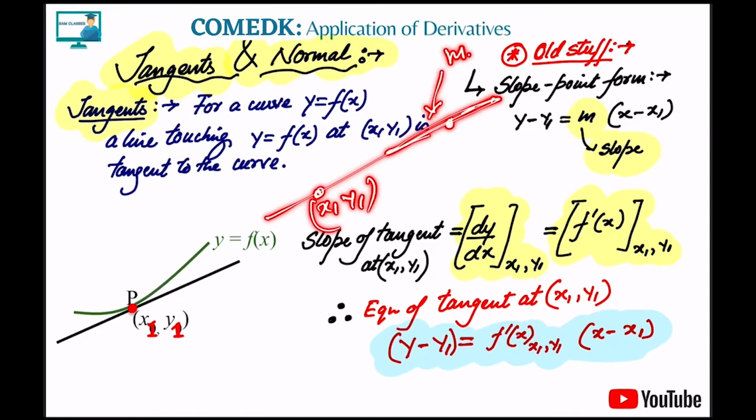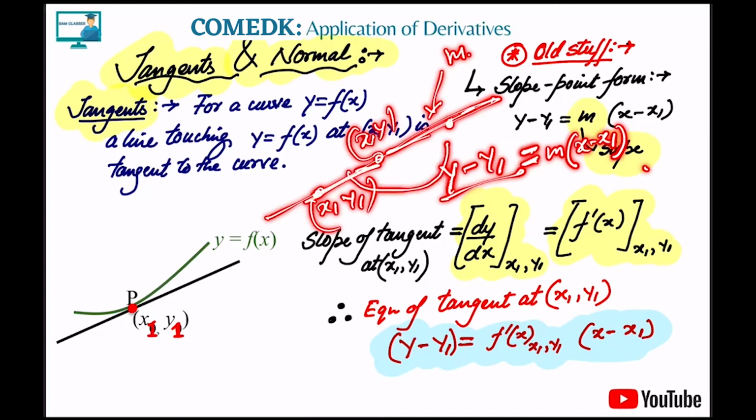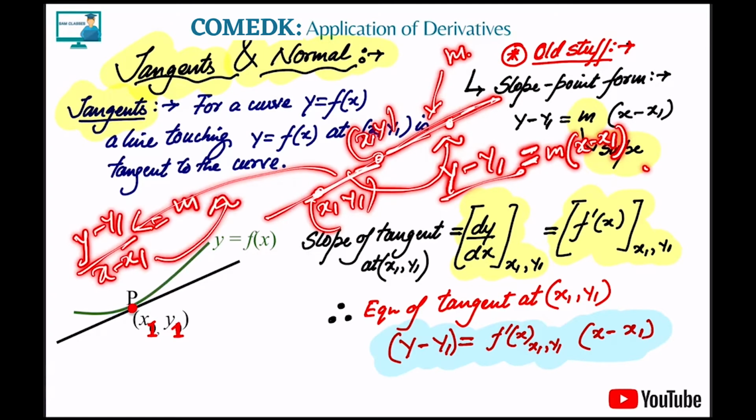Then we write y minus y1 equals m times (x minus x1). Because if you take any random point (x, y), the slope between these two points will be equal to m, correct? And how do you find slope? (y2 minus y1) by (x2 minus x1), so (y minus y1) by (x minus x1) equals m. You just move the denominator to the other side. That's it, you got this formula.